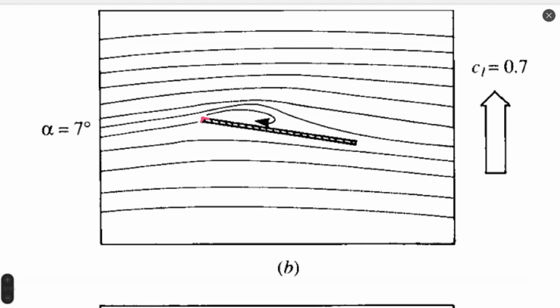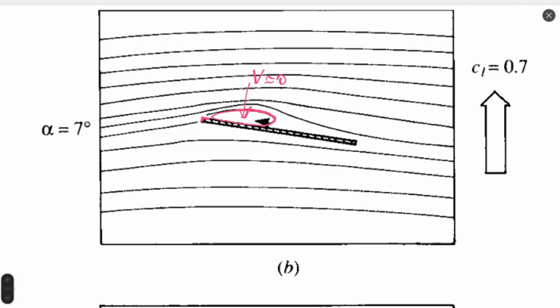And this bubble is having significant volume. Inside this bubble, we assume that velocity would be similar to 0 or close to 0. And because velocity is small, pressure in this bubble will be similar to pressure on the other side of the airfoil, or will be close to stagnation pressure.